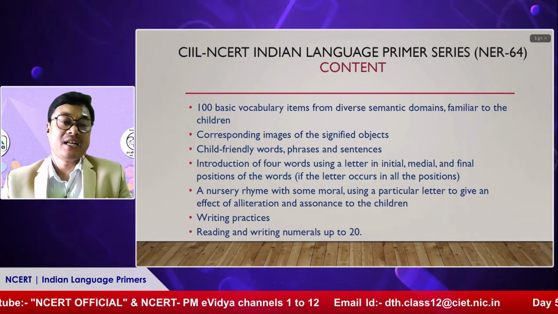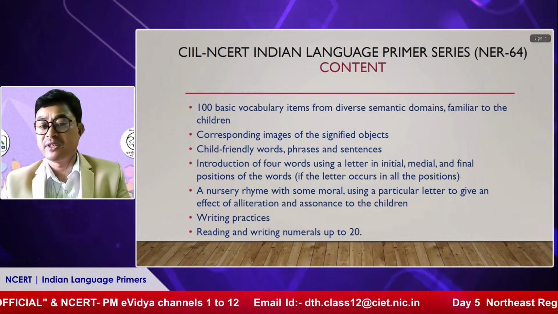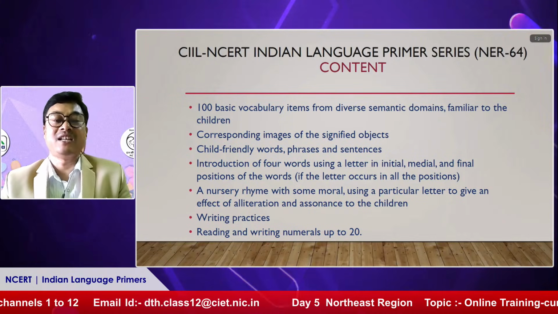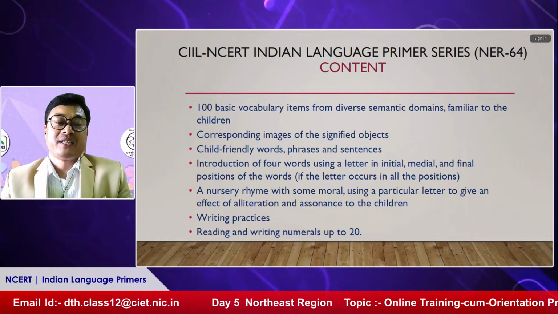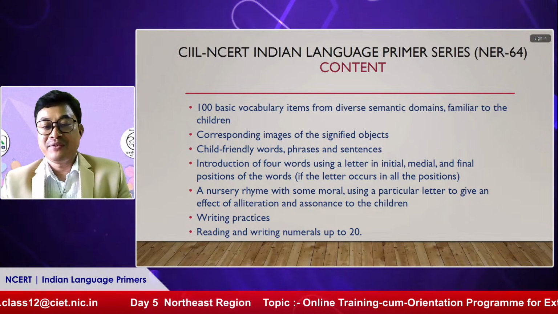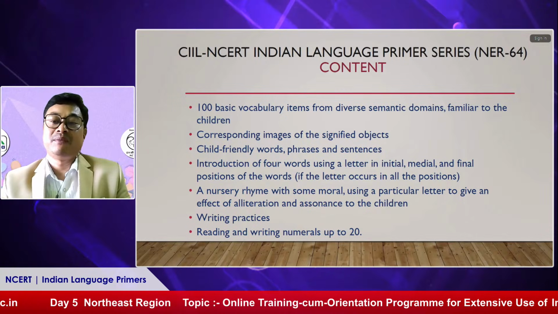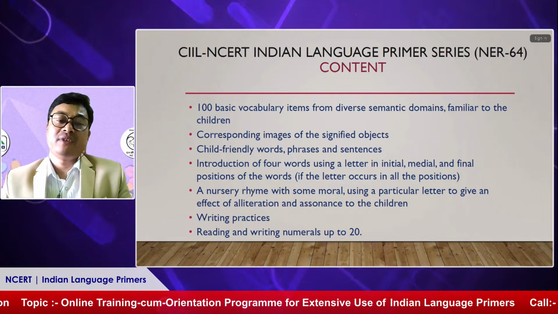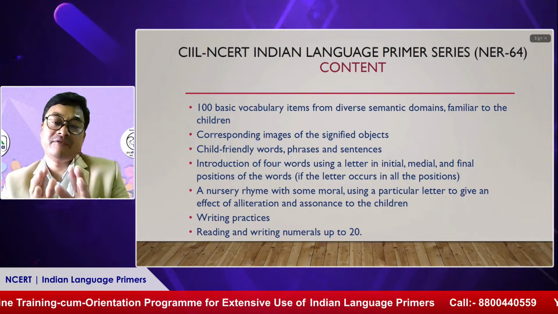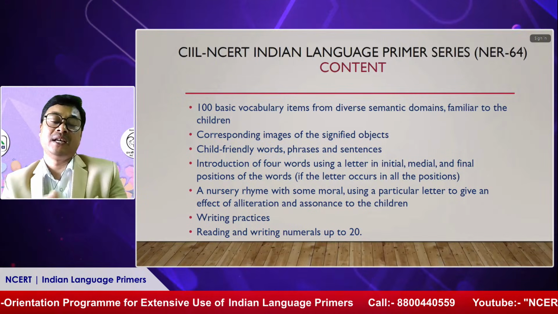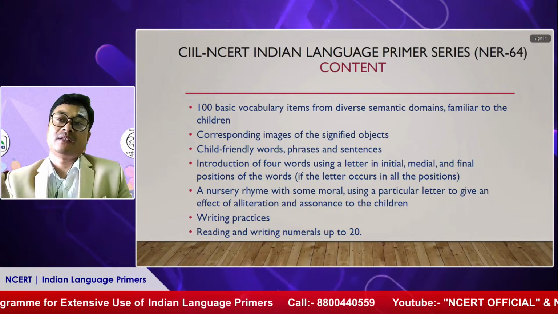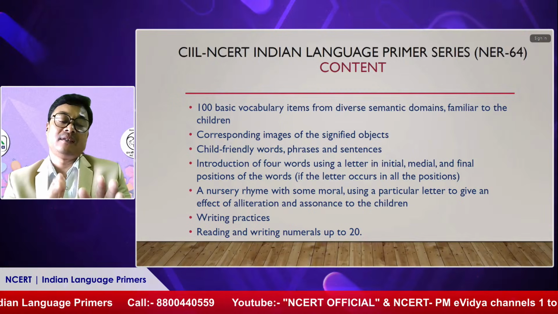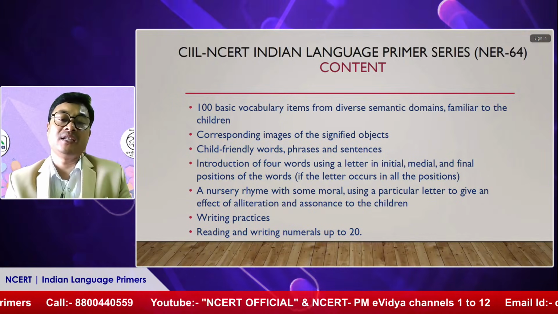And then we also try to use very simple words, simple phrases and sentences, which we can call child friendly. And then we introduced letters with words. There will be one head word and three sub words, which will represent the letters in different positions. Like if we are using the letter ka, then in the first sub word the ka will appear at the initial position.